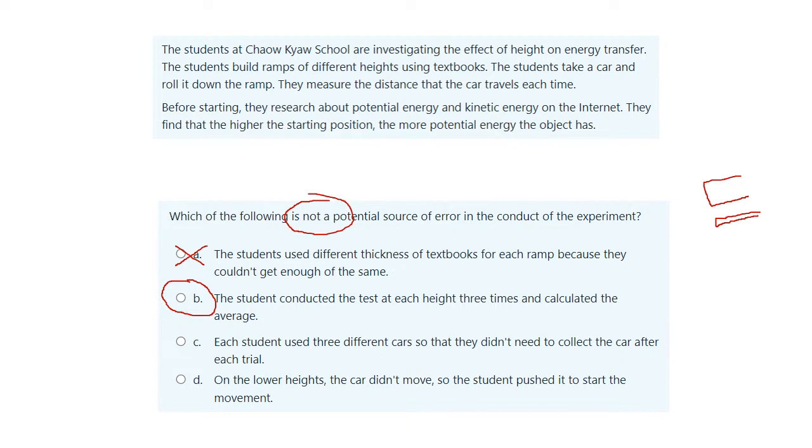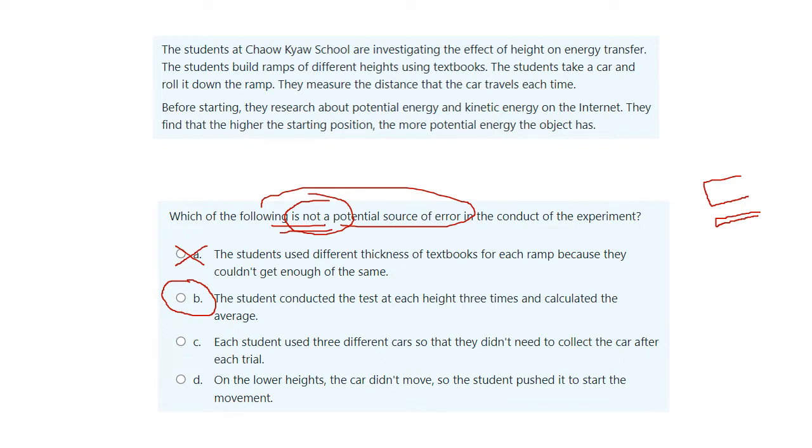Sometimes, for example, if you're letting go of the car, you might not start the watch at exactly the right time, or you might give a slightly different force to the car each time. So these are human errors, experimenter errors. By repeating the experiment and calculating an average, you are getting a more accurate result. So this is not a potential source of error. We're looking for what is not an error.